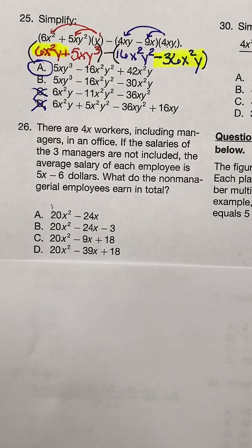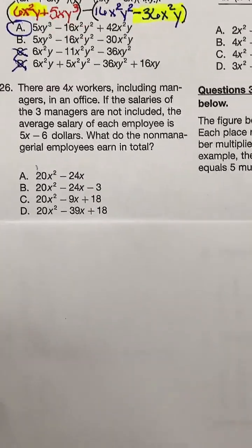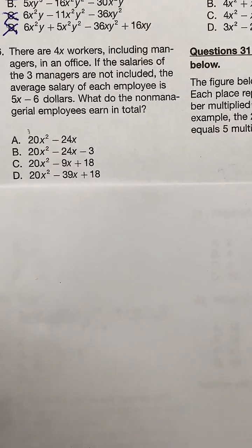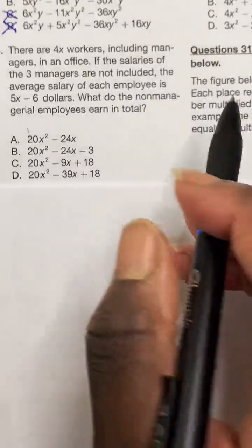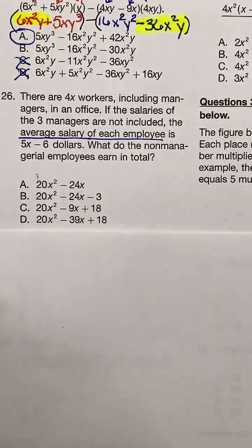All right, so this is the time to see what we can do. Let's see what mistakes can come out of it. Let me show you. They're talking about the average salary of each employee.